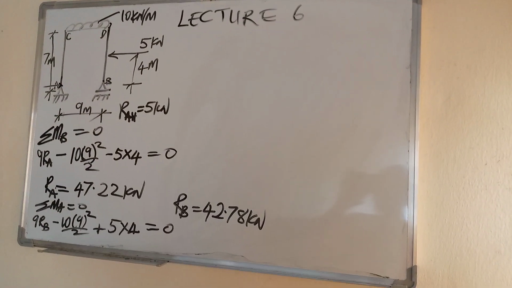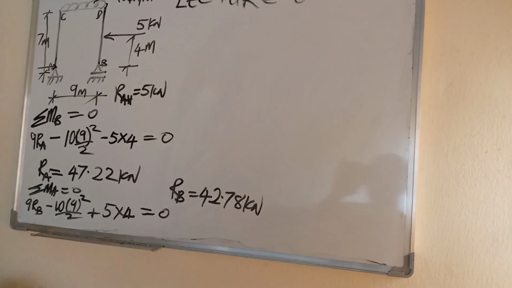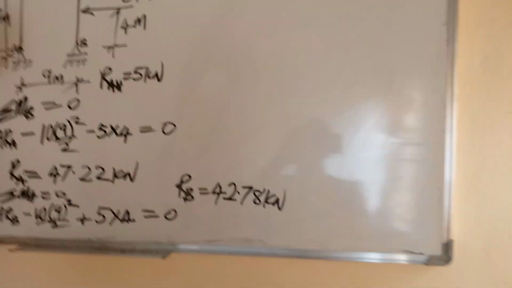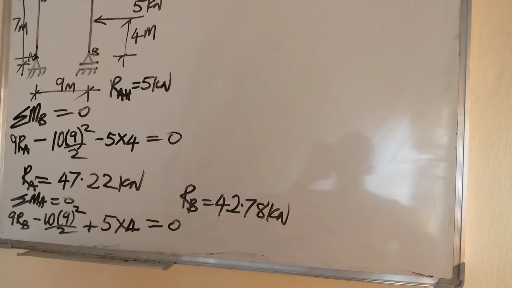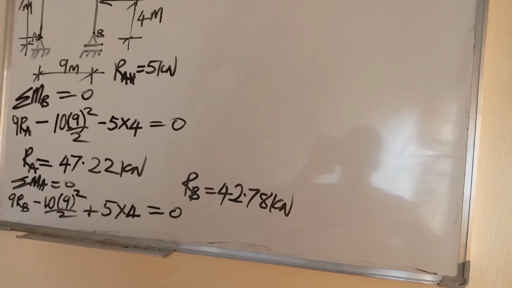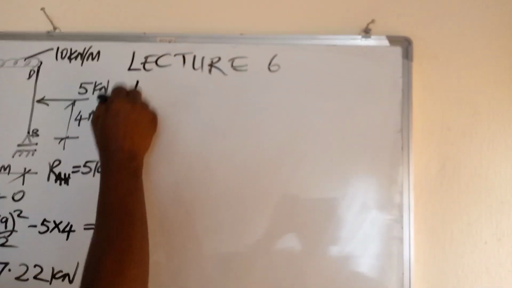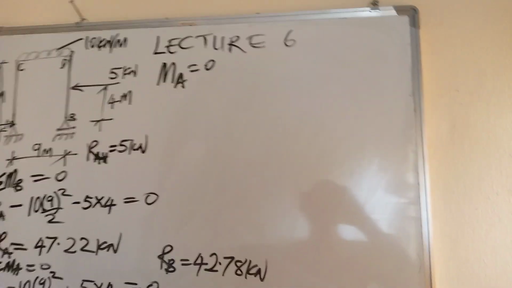So the next thing now is to calculate bending moment. We calculate bending moment along the frame. To start with, I start from A. I have M at A, moment at A, equal to 0, because I'm starting from A and the support at A does not resist bending moment.